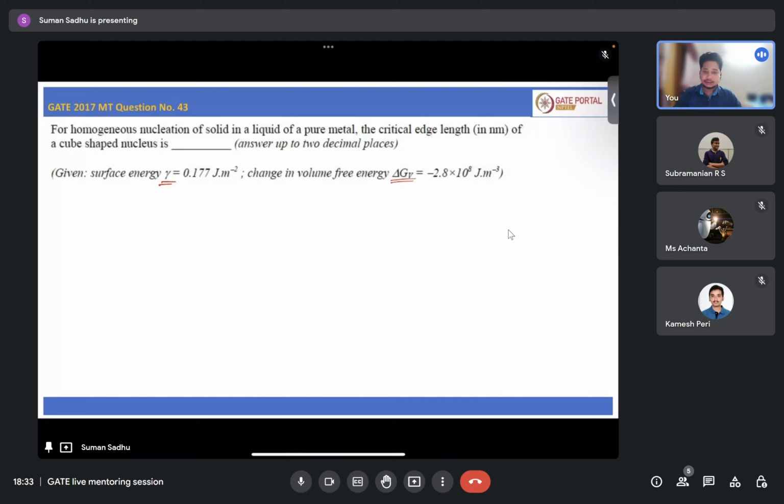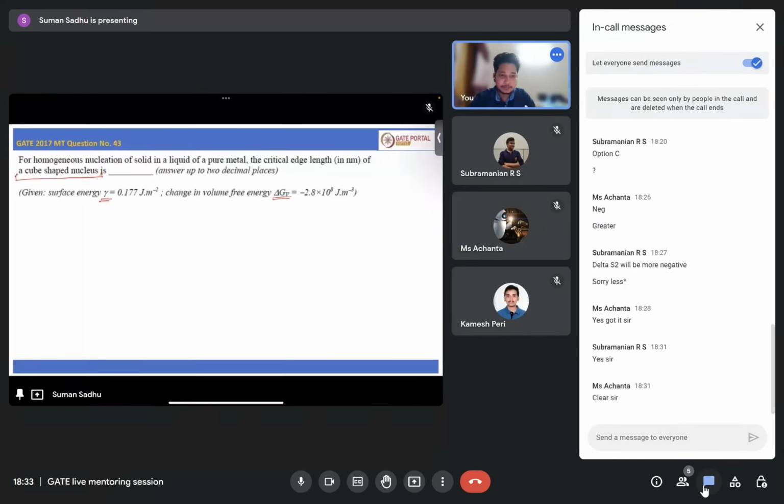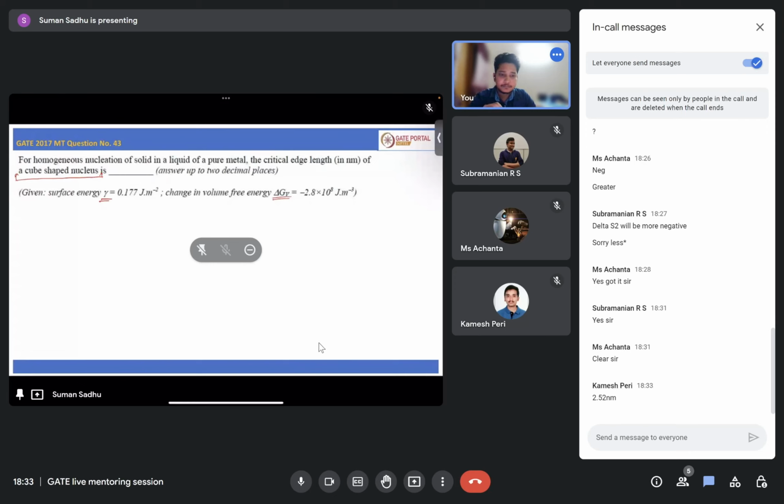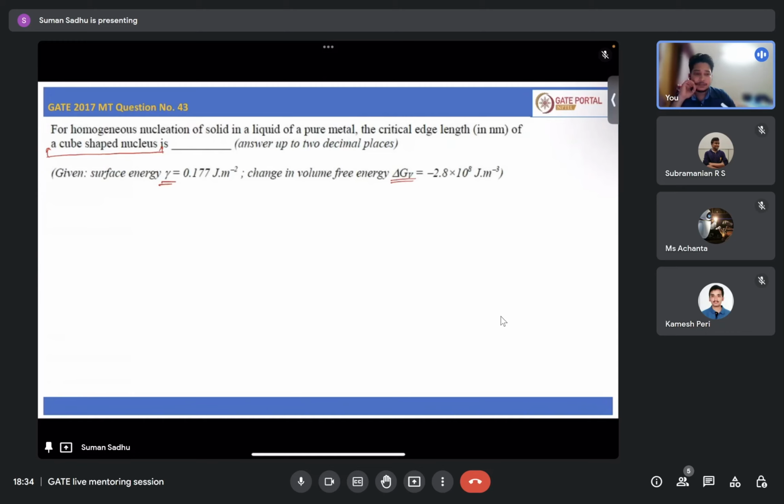I think in my earlier session also I have covered this kind of question, but the only change is that there it was a spherical shaped nucleus. Now it is mentioned that you have a cube shaped nucleus. So how to approach? Okay, 2.52 nanometer. Okay, so let us solve this question.